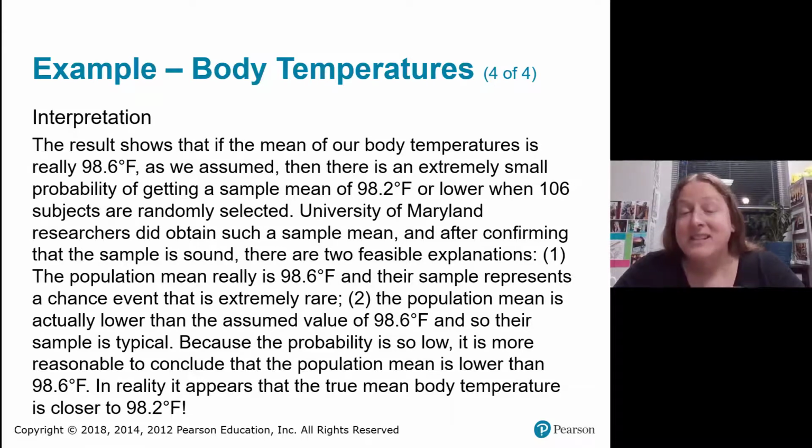So what we're basically saying is, hey, it's actually likely that our assumption was wrong. In reality, it appears that the true mean body temperature is closer to 98.2. That might be pushing what this is showing us, but saying that it appears the true mean body temperature is less than 98.6 is a totally reasonable conclusion to draw from this.